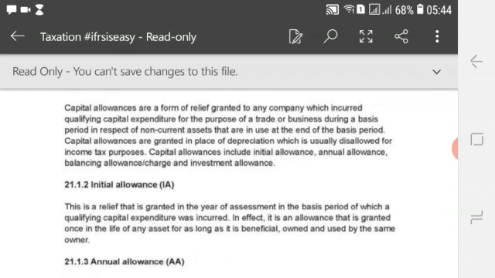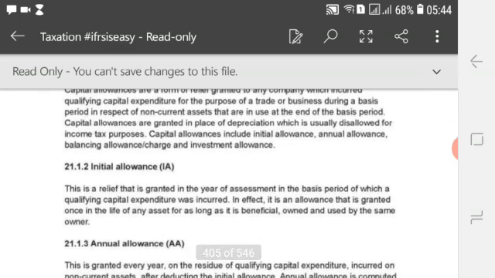Examples are machinery, buildings. Then what they mean by irrespective of the non-current asset in use at the end of the basis period simply means that either the asset is bought at the beginning of the year or at the end of the year, capital allowance will be granted.